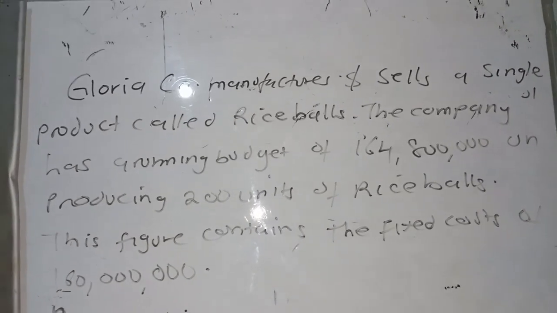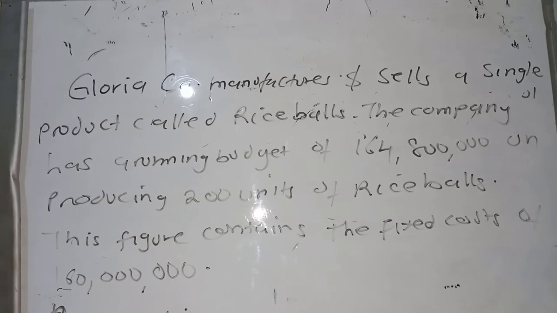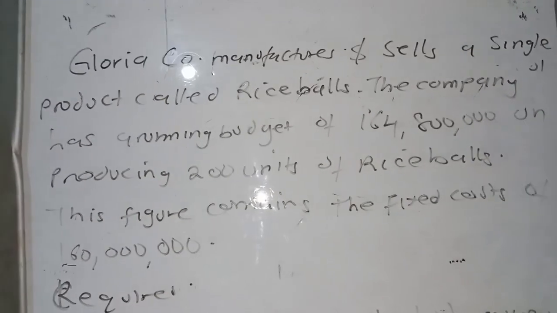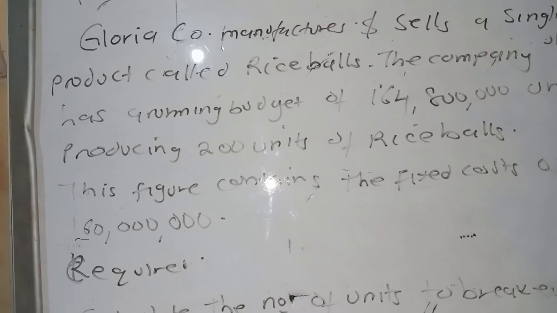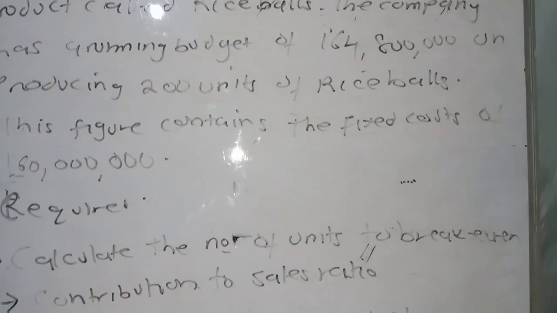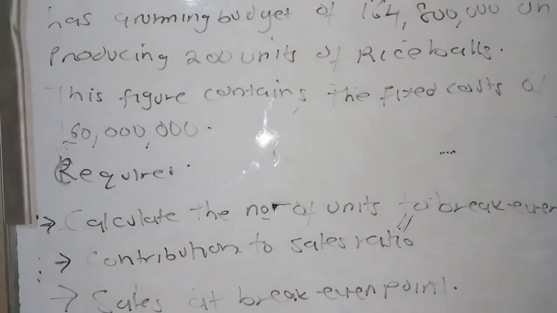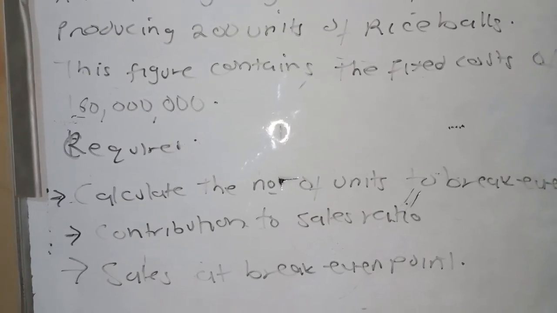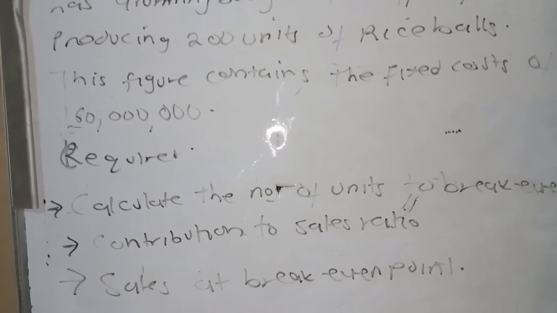The company has a running budget of 164,800,000 on producing 200 units of rice balls. This figure contains a fixed cost of 160 millions. Required: 1, calculate the number of units to break even, 2, the contribution to sales ratio, and 3, the sales at break-even point. So that's our question now.